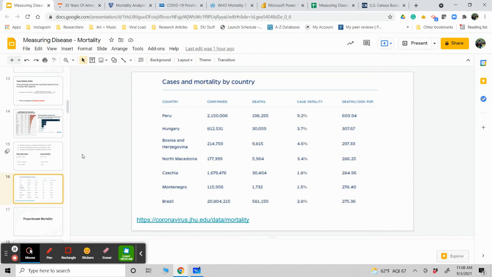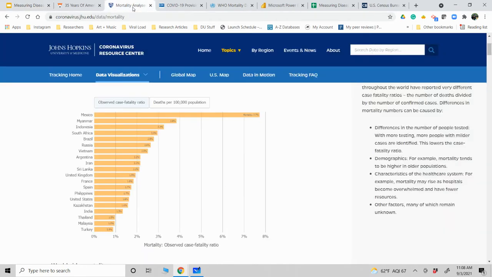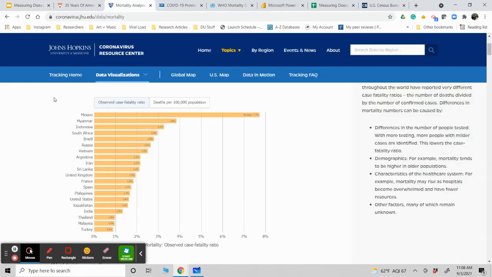We can look at more examples of how this is utilized. This is COVID-19. Click on the link to explore this data set. Real quickly, I'll show you how both of these metrics can be used to help us understand the epidemiology of COVID-19 right now. So we can map the case fatality ratio.